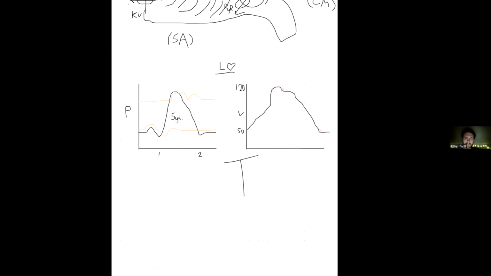So that oxygenated blood is coming into the atrium. We see a good buildup, and as it's being forced in the atrium, we get some flow into the ventricle as well.